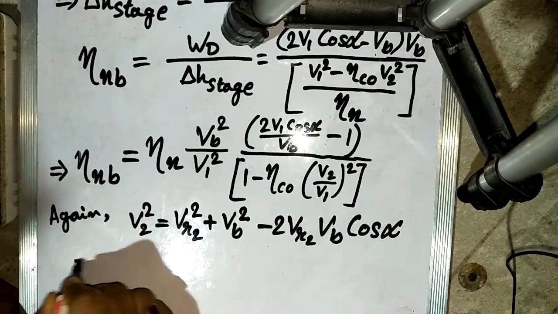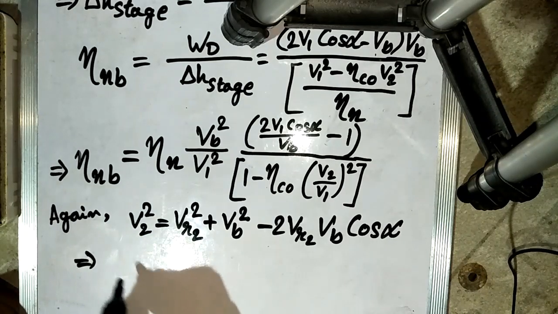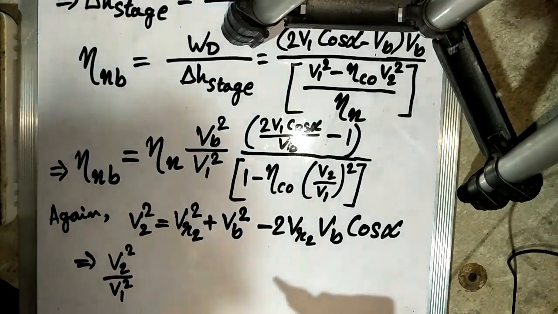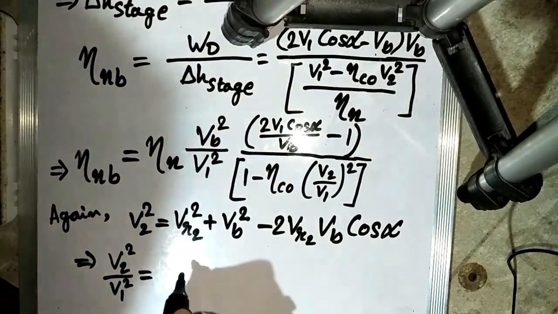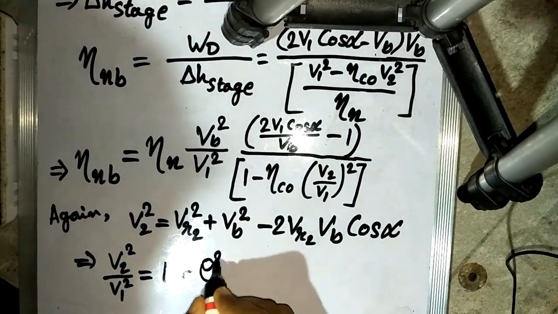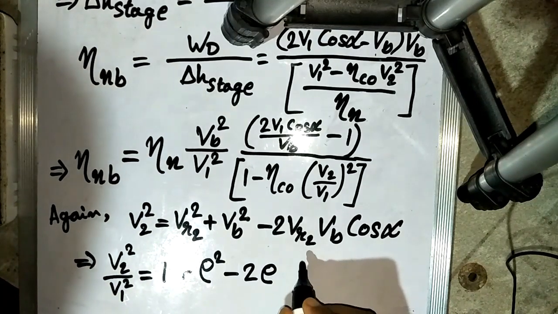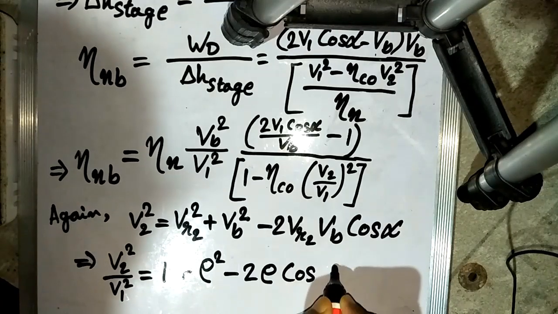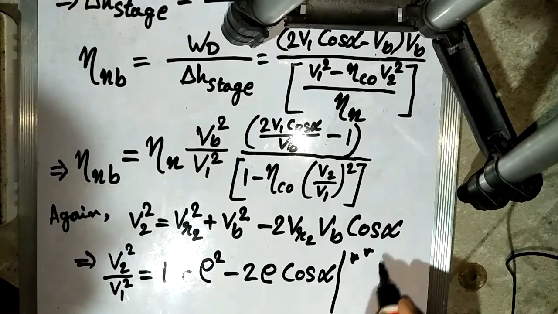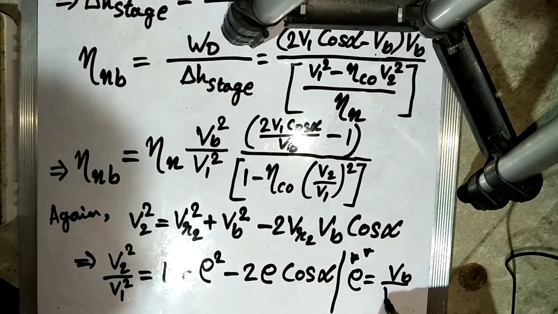So we can write V2 square by V1 square is equal to 1 plus rho square minus 2 rho cos alpha, where this value of rho is equal to Vb by V1.